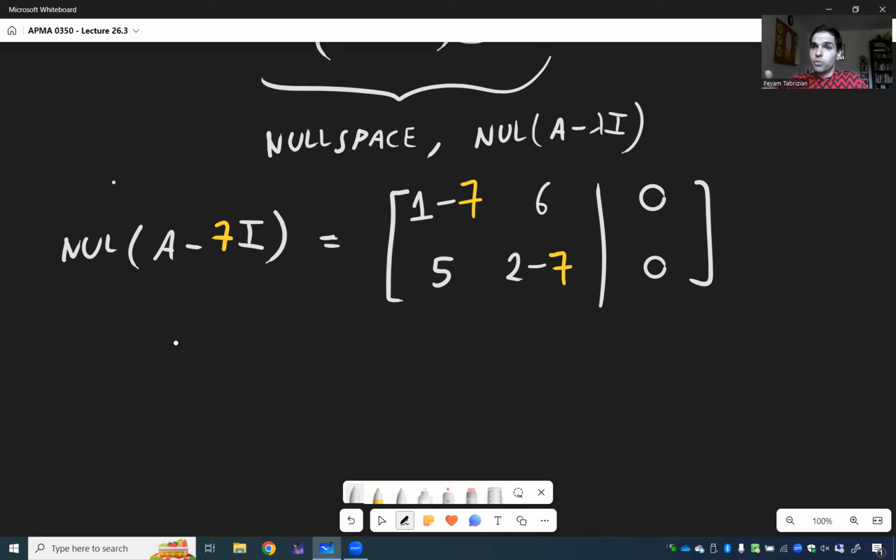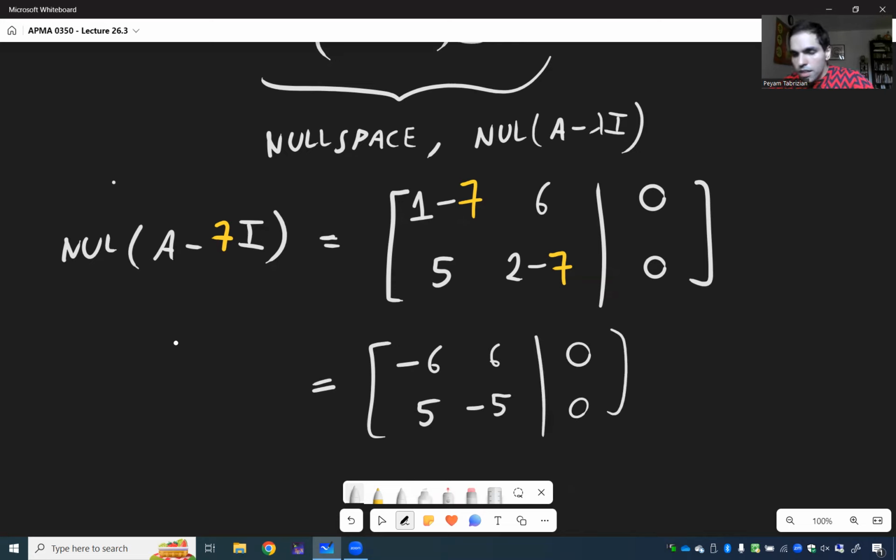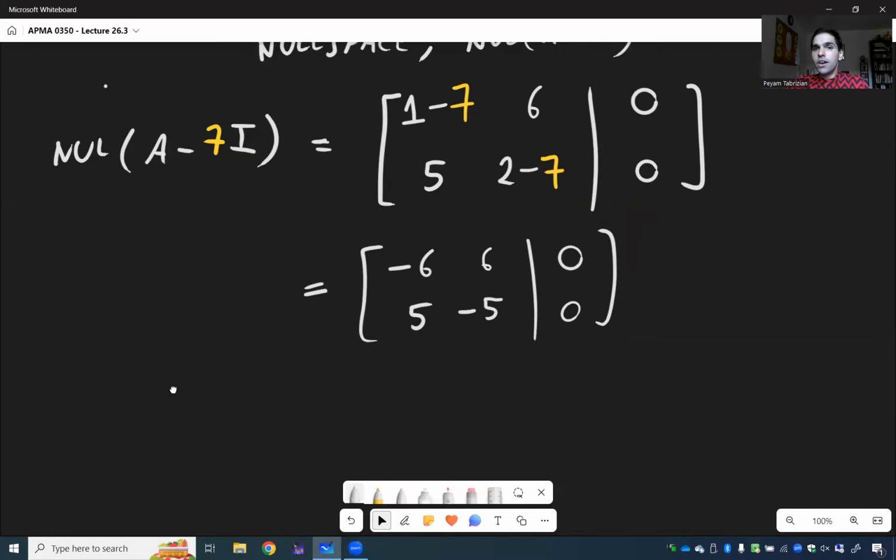So once again, you subtract lambda from the diagonals and you simplify. We have minus 6, 6, 0, and 5, minus 5, 0. The idea is to simplify this. This is what's called in linear algebra a row reduction, or row operation, which here just means simplifying the equation a little to get a nicer form.